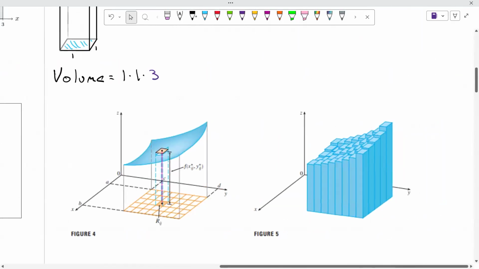And here's kind of what it looks like if I'm doing it over volumes. The figure on the right shows a whole bunch of rectangular boxes that I'm going to add up and say, hey, look, the volume's about that. You can probably get the sense that if I take the limit as the number of boxes goes to infinity in a good way, this thing will smooth itself out and end up looking like the surface on the left.